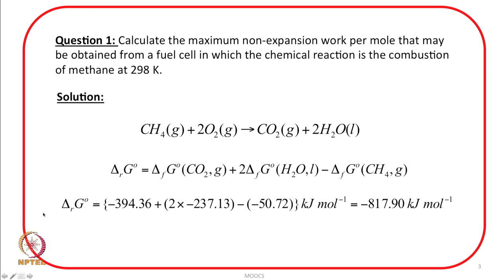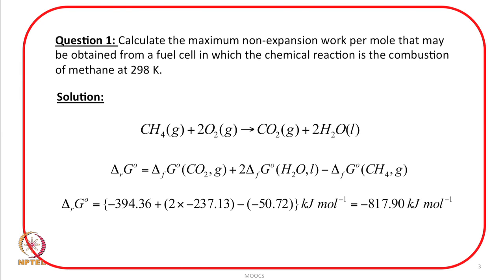And using the free energy of formation data, which is for carbon dioxide minus 394.36, for water liquid minus 237.13, and for methane gas minus 50.72, by this addition and subtraction we find out that the overall value of reaction Gibbs energy is minus 817.9 kilojoules per mole.